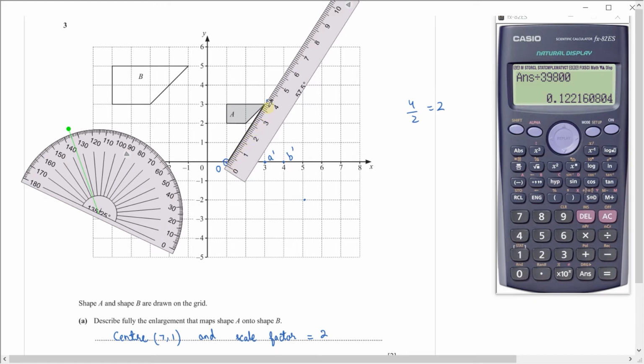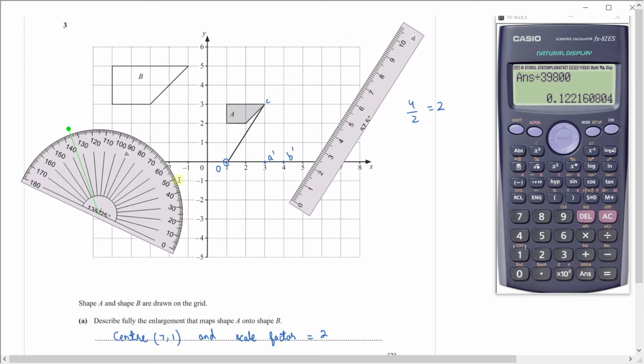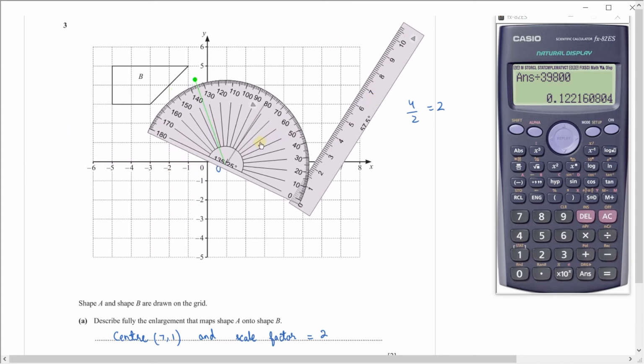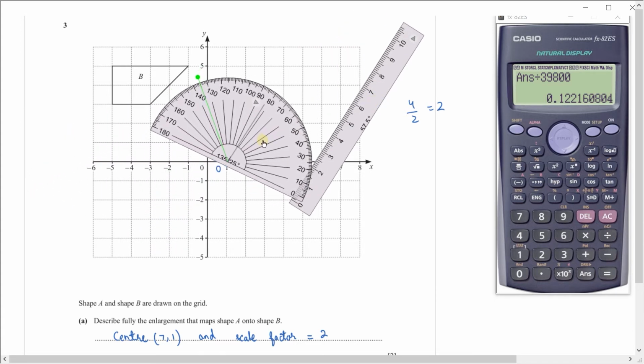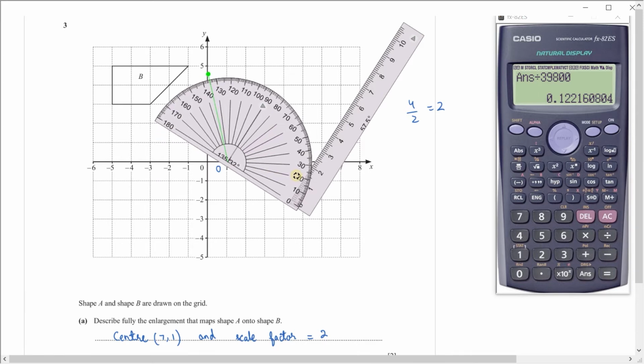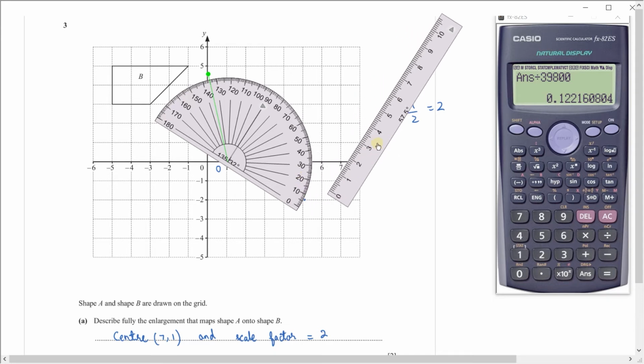Like this. Again, I will center it at point O, align it with 90 degrees, and now my zero is at this point. So let me in fact just erase this one so that I don't get confused. So this is my zero. So this is 90 degree up till this point, right?